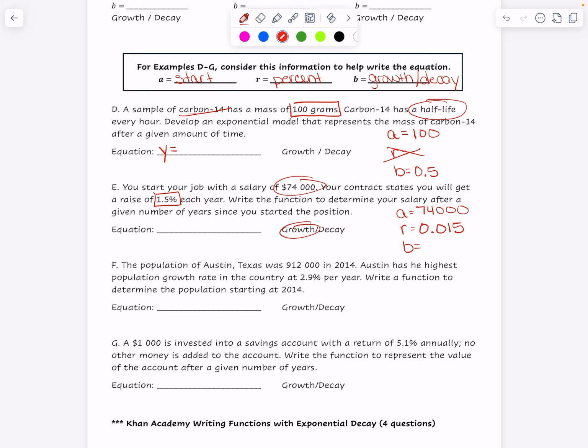So for B, because it's a growth, we're going to do 1 plus 0.015. Okay. So the pieces that I'm going to need to write the equation are going to be the A value and the B value. Make sure that when you do B, you add those two numbers together. Don't leave it 1 plus 0.015. Actually add them together so it's 1.015.